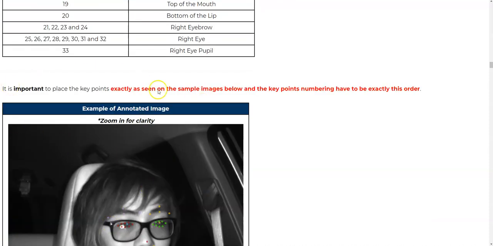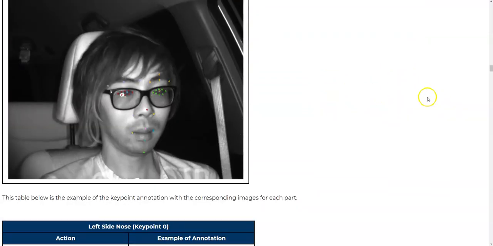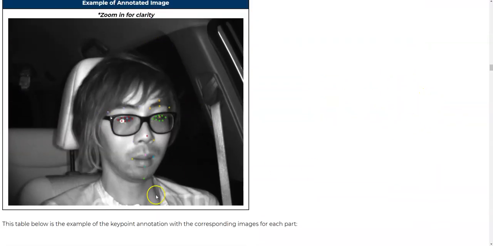It is important to place the key points exactly as seen in the sample images below, and the key point numbering has to be in exactly this order. This is an example of a fully annotated image. At the eyebrows there are 4 key points for both.